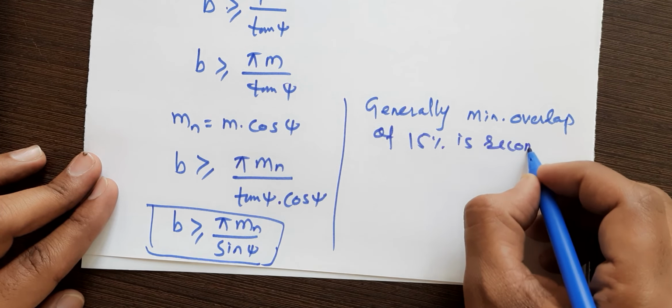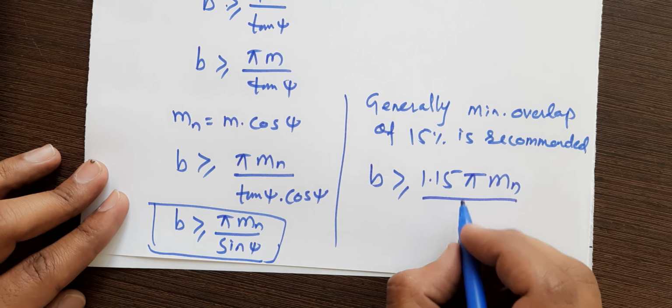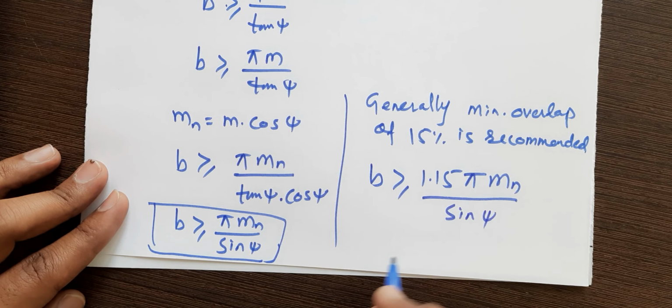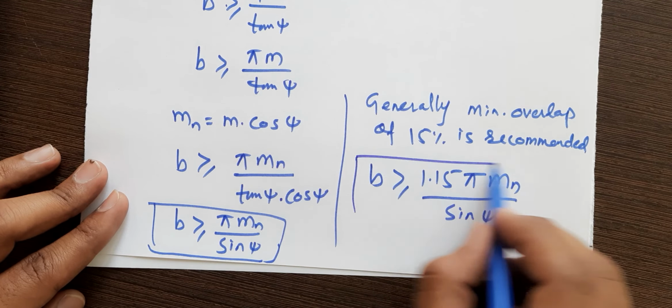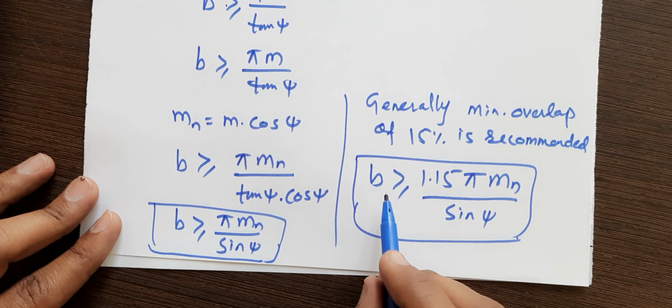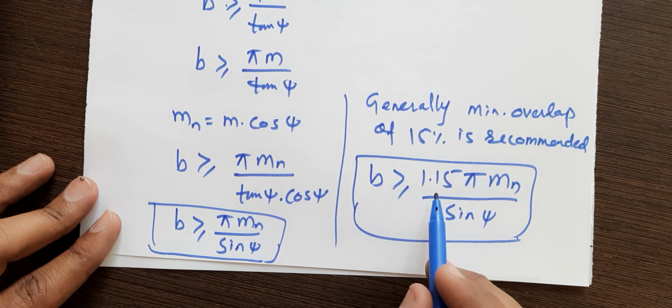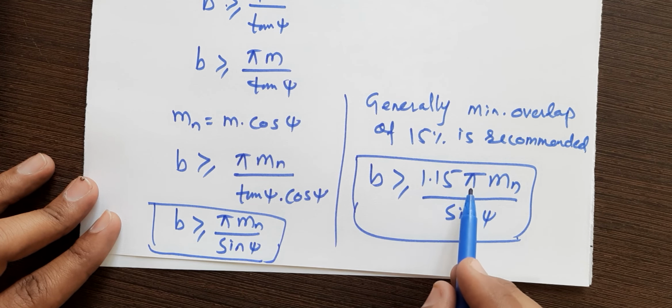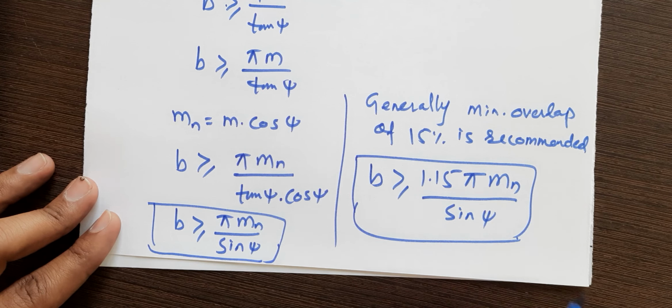So if we add here 15%, your B should be greater than or equal to 1.15 pi Mn divided by sin psi. So this is the correct value of the face width. So minimum face width should be greater than or equal to 1.15 pi Mn divided by sin psi.